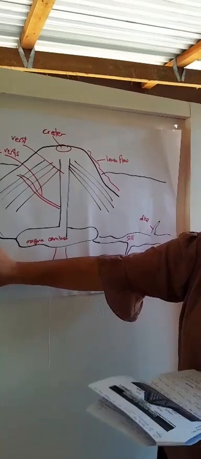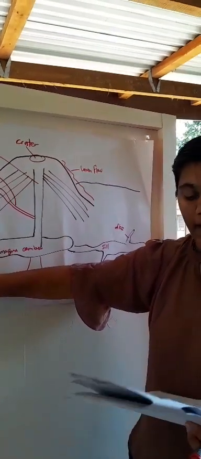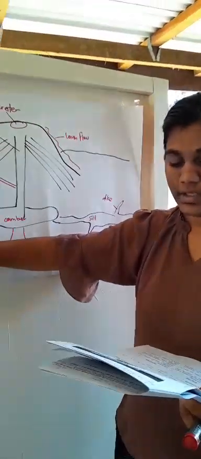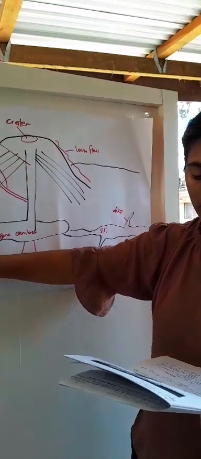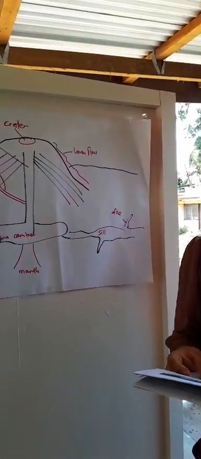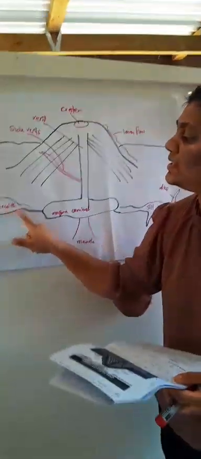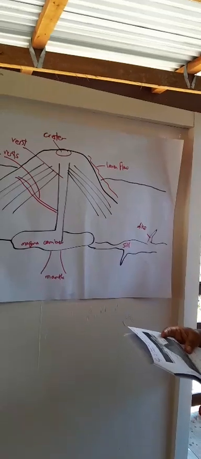A laccolith. A laccolith is a type of igneous intrusion formed when magma is forced its way upwards through Earth's crust but cools and solidifies before reaching the surface. This is a laccolith. A batholith. Did we write a batholith?